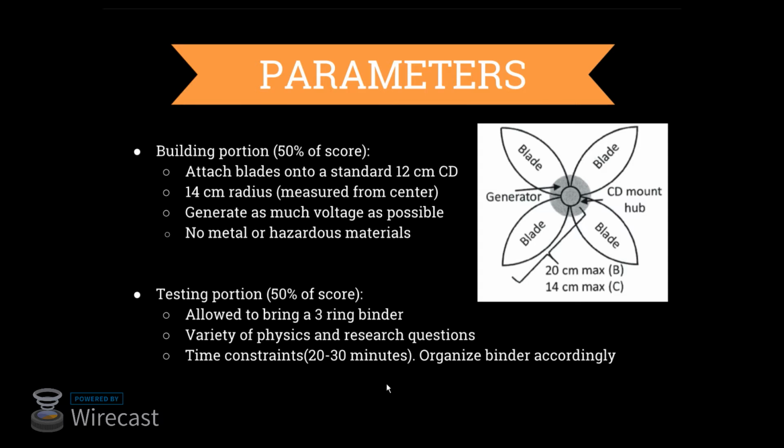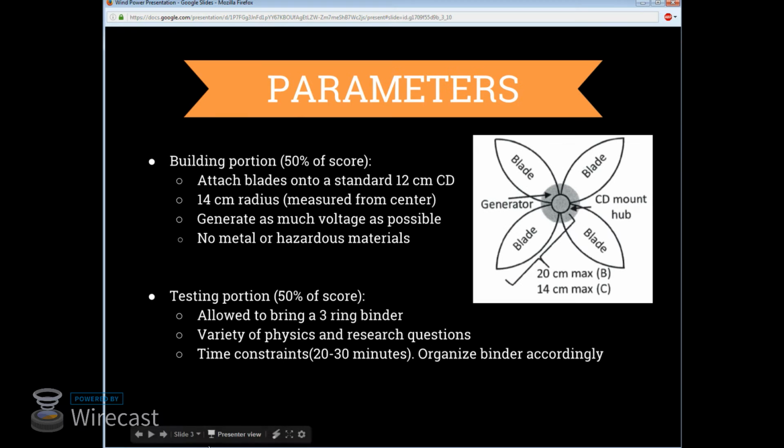And as for the testing, there's going to be some time constraints. So you and your partner are going to have to work together to complete the test on time. So also make sure to organize your binder accordingly, like putting labels or sorting it in a specific way so that you know for any particular question how you'll get the answer from your research.